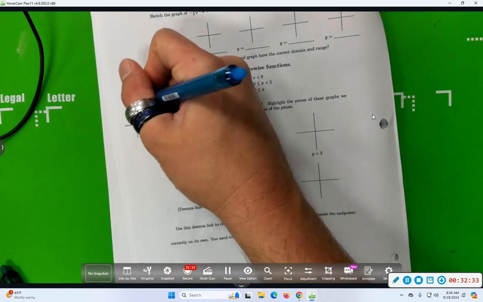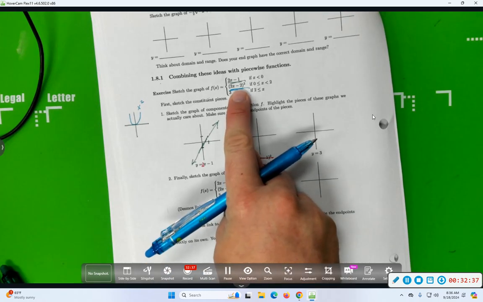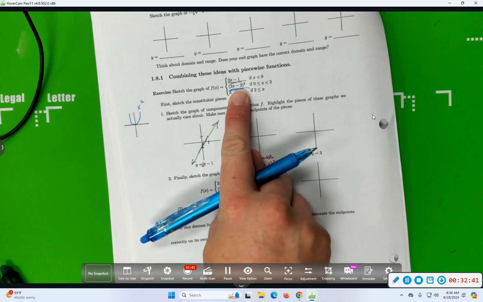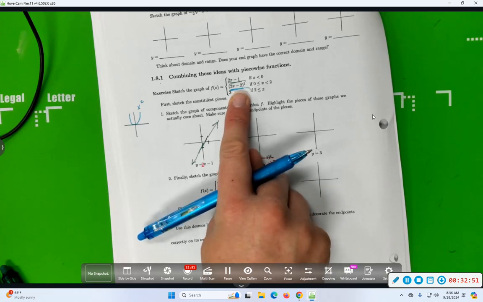So if there's just the x squared function, and I want to get to that, what should I do first? I see two things I need to deal with. I need to deal with that -2 and the times 2, right?